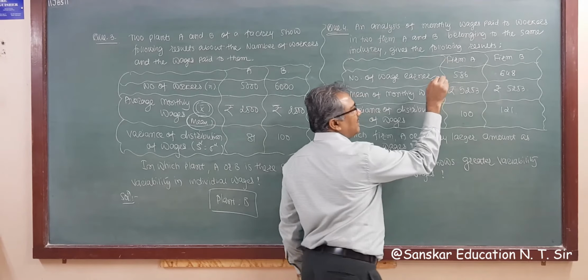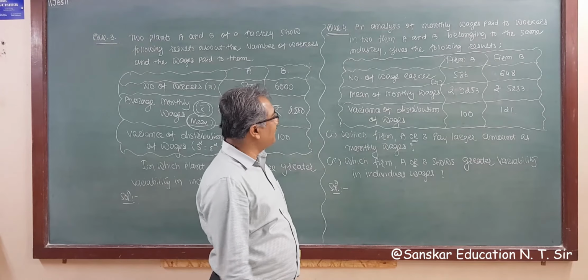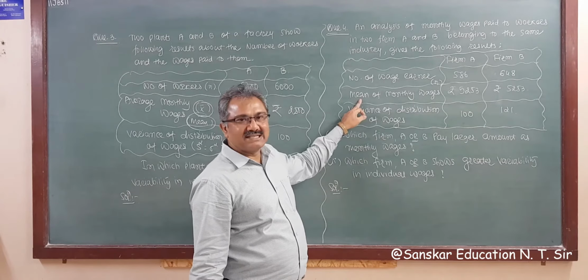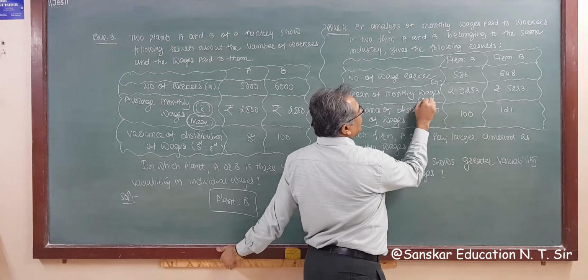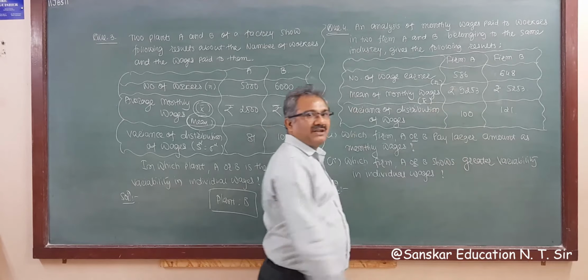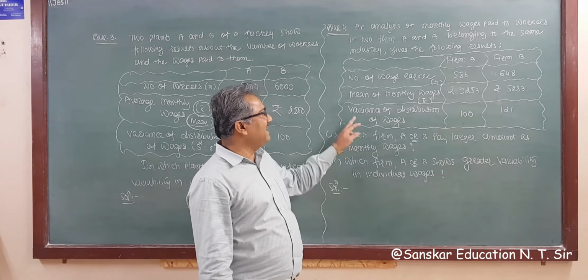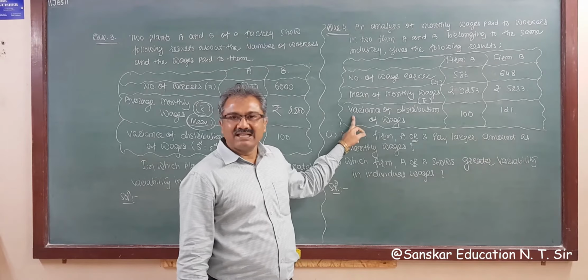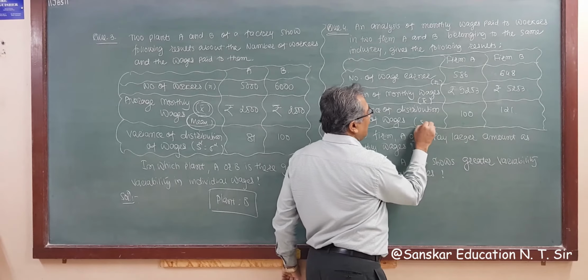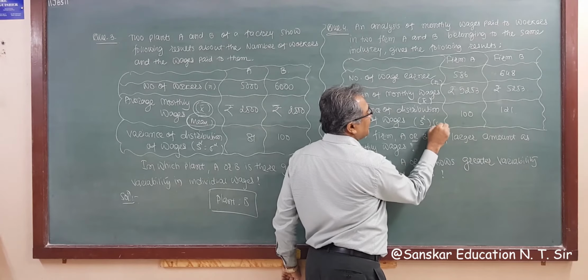The mean of the monthly wages, X bar, is given, and the variance of the distribution of wages, S square or sigma square, is given.